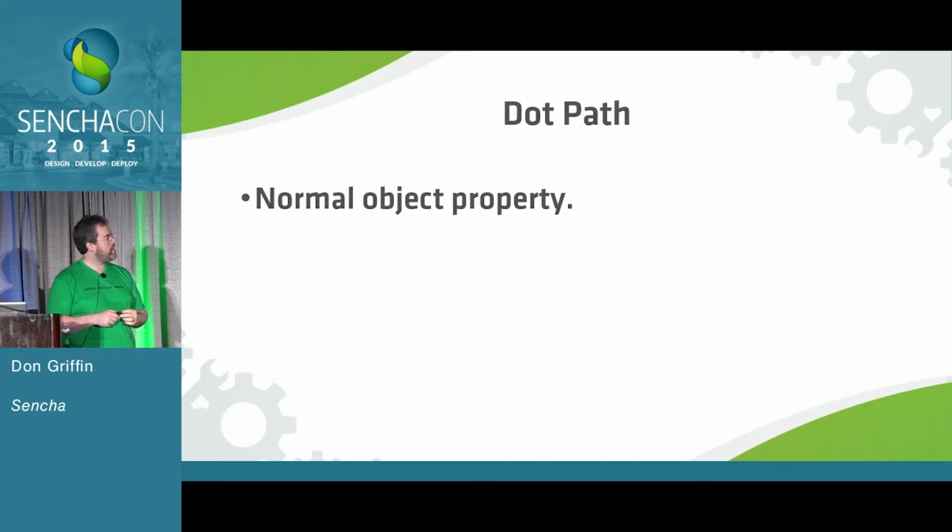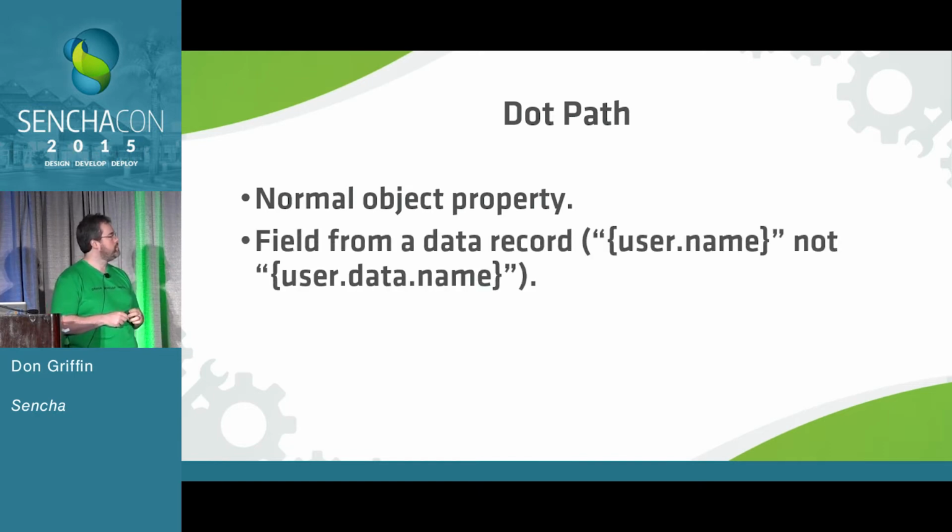All right, so dot paths. Simple ones to start at the top. So if you had to put a record into a view model, or you reached a record, you don't want to have to say record.data.name to descend the data property. You just want to have record.name. So in the traversing of a dot path, we understand when you encounter a record that your property name here is going to be looked at as a field first.